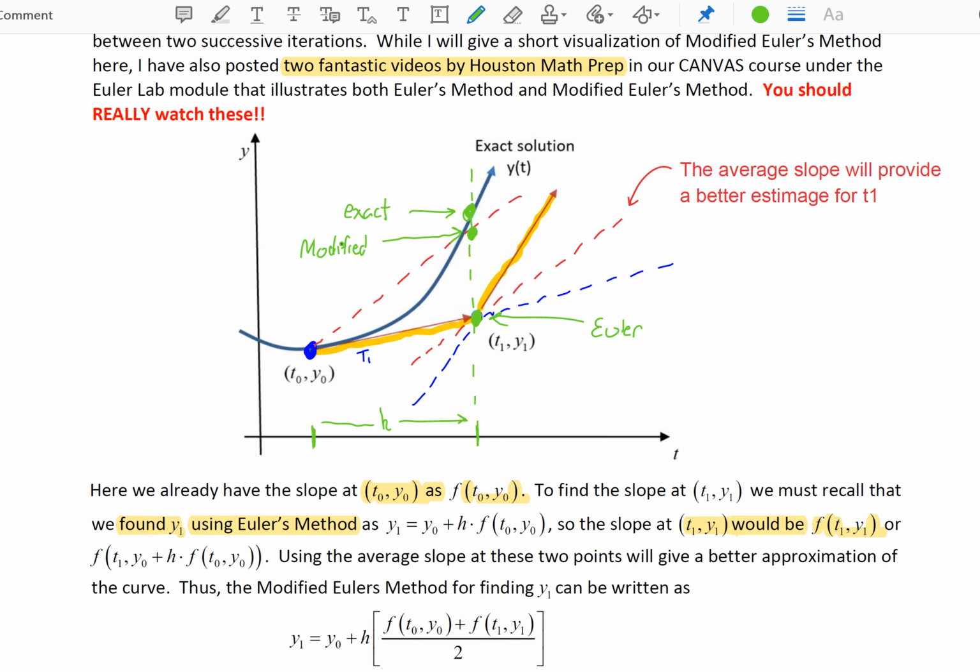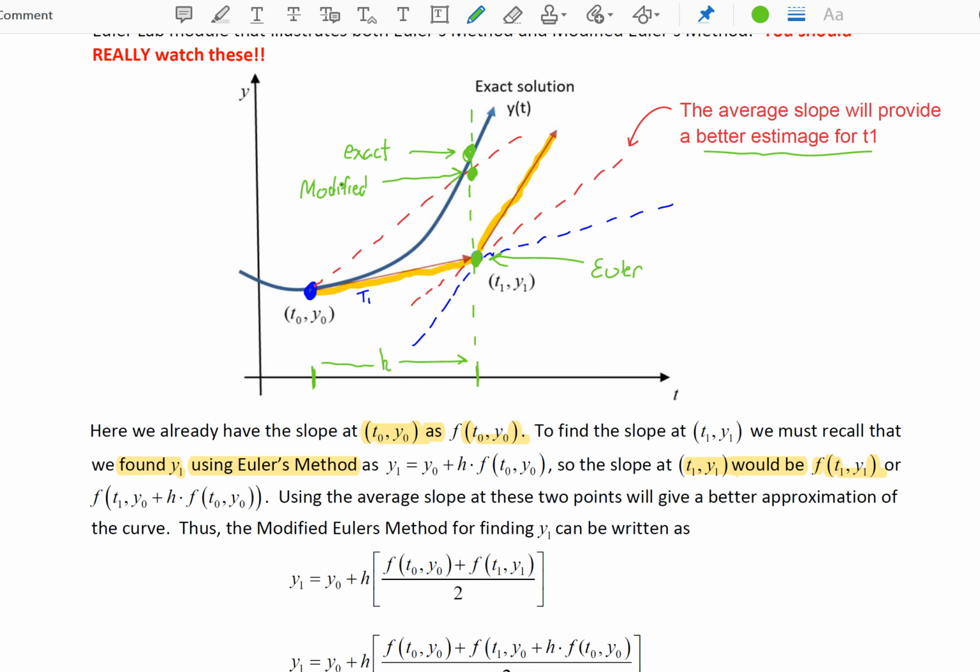So visually, we can see that the modified Euler's method does a better approximation for y1. So using the average of these slopes at these points will give a better approximation to the curve.